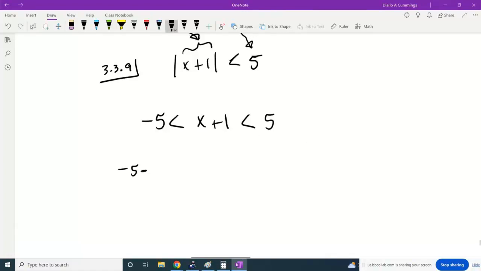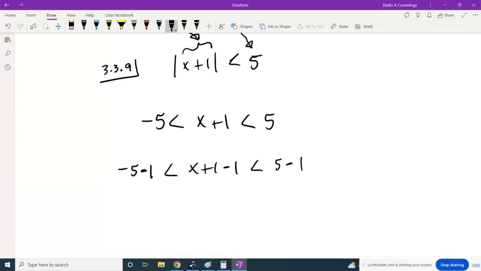So I'm going to have to subtract 1 from the left-hand side, from the middle, and from the right-hand side. Right, whatever you do to one side, you have to do the same thing to all sides.